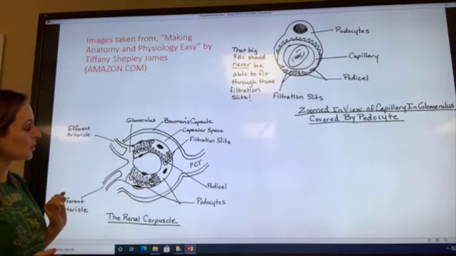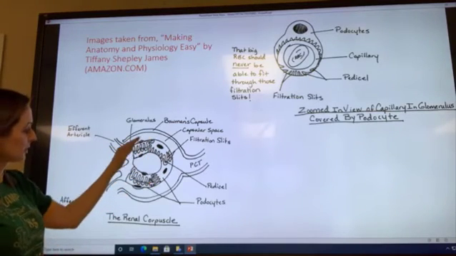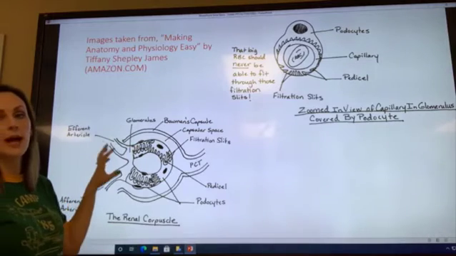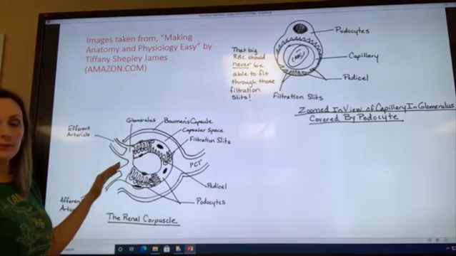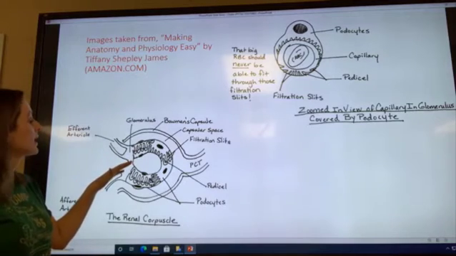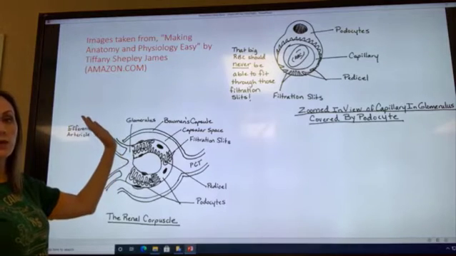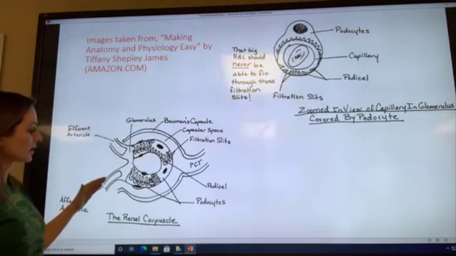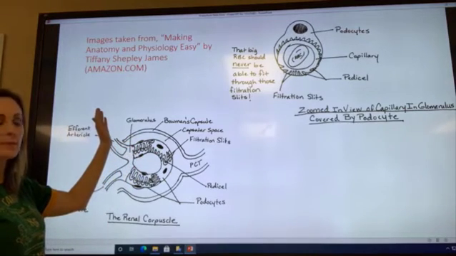And inside the Bowman's capsule, we have the glomerulus. And the glomerulus, remember, is our knot of capillaries. There is an afferent arteriole, afferent meaning going in, and an efferent arteriole meaning going out. Blood's going to come in and go through the glomerulus and leave here.